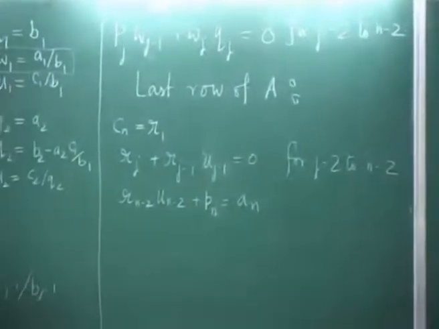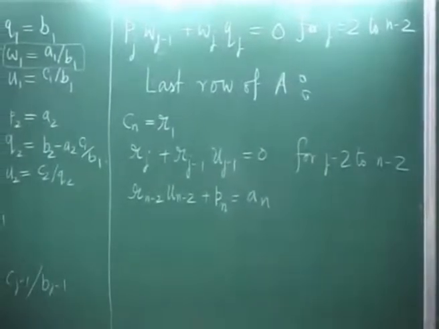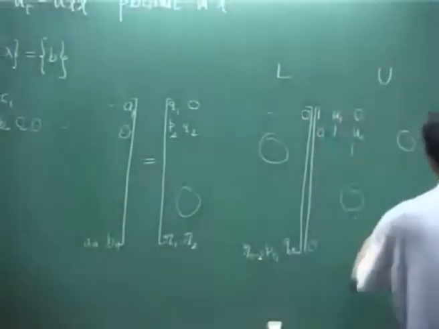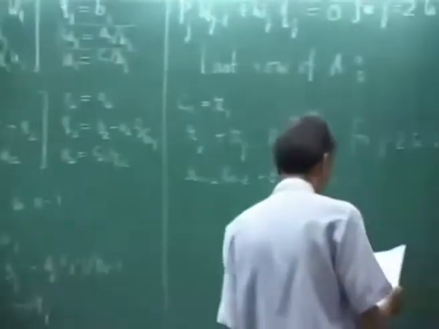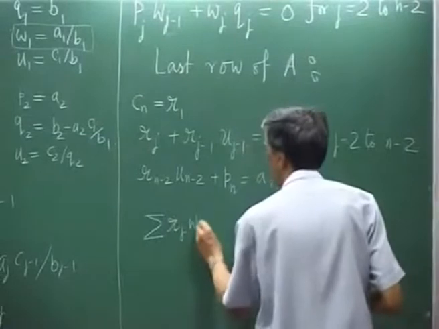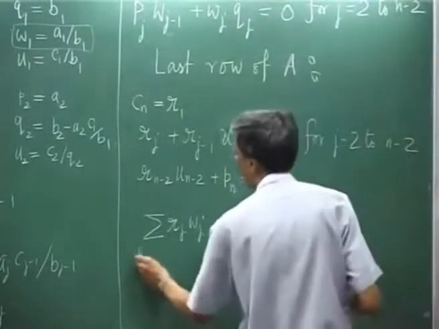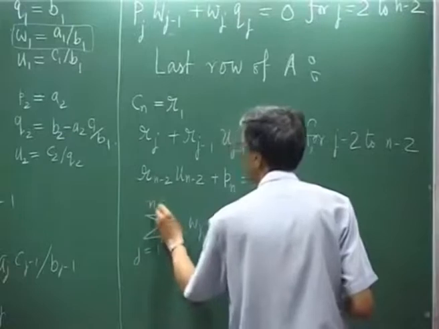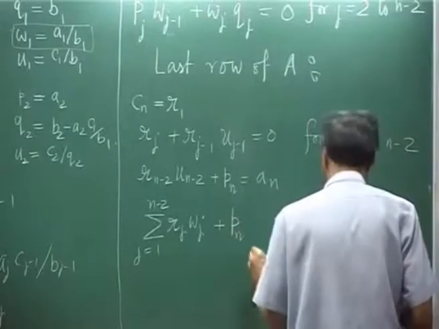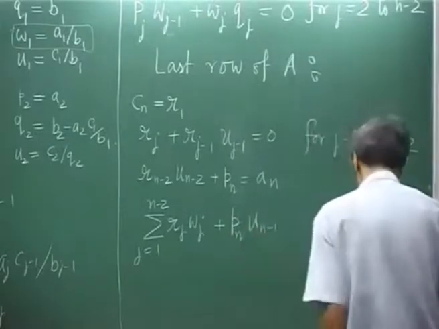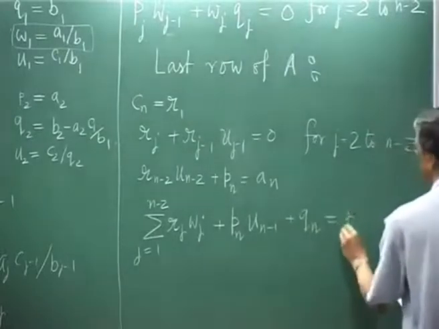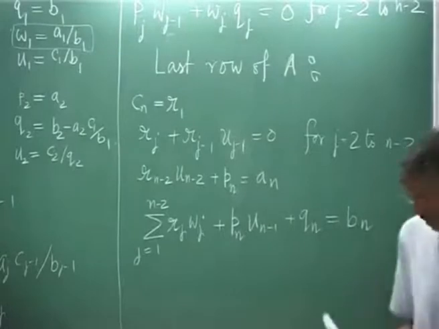And what about this one? This is the most cumbersome. This multiplied by this will give you nothing but the sum over R j W j, with j going from 1 to n minus 2, and P n U n minus 1 plus Q n is equal to B n.